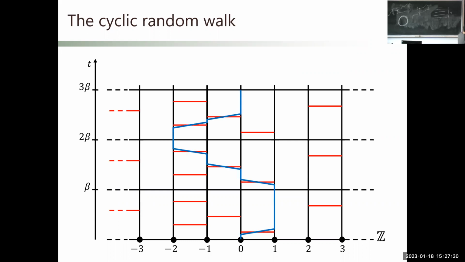And then the cyclic walk is just a walk that starts from the origin, and every time it hits a red bar, it crosses to the other side. Here you know that the cycle of the origin is of length 3, because you return to the origin at cyclic time 3. Is it clear, the cyclic random walk?